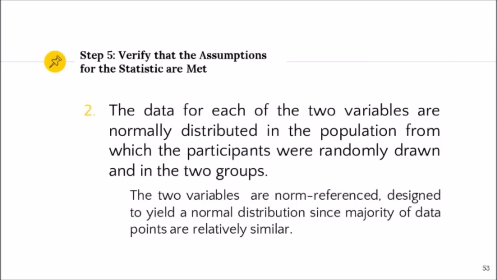The second assumption is that the data for each of the 2 variables are normally distributed in the population from which the participants were randomly drawn and in the 2 groups. Just like the first one, this assumption was met because the 2 variables are norm referenced and the majority of data points are relatively similar.